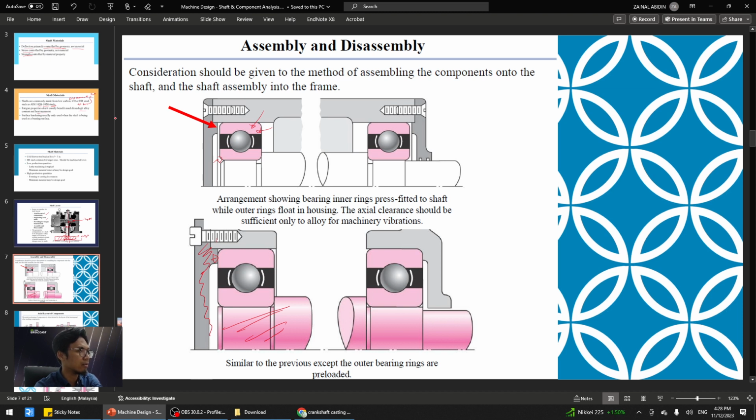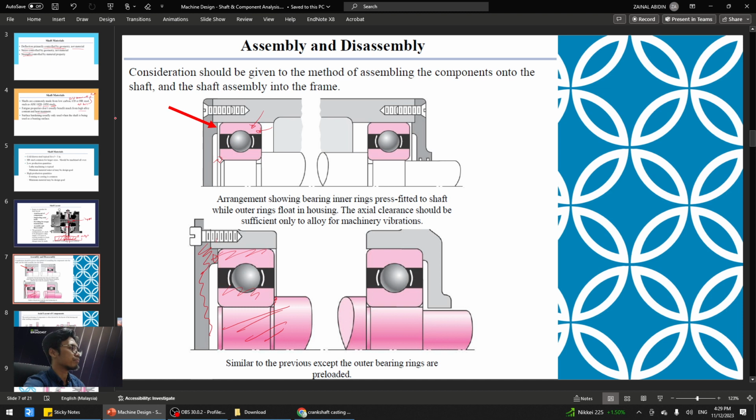This by measuring a properly dimension of your shaft shoulder. Ni shaft shoulder, ni shoulder, bahu shaft awak ni. You must design this properly based on the size of bearing itself.